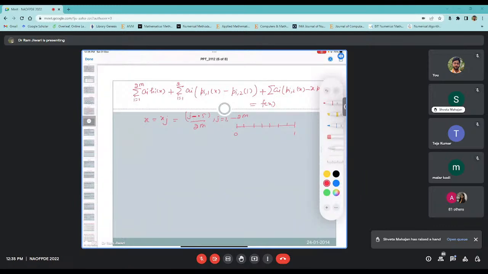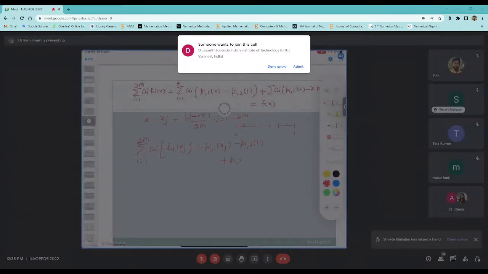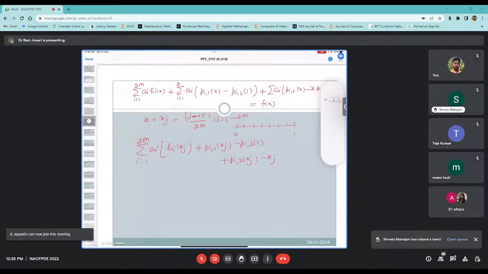So putting this and combining all these things, this becomes summation i running from 1 to 2m, ai taken outside, hi xj, plus pi 1 xj minus pi 2 of 1, plus pi 2 xj minus xj pi 2 of 1.